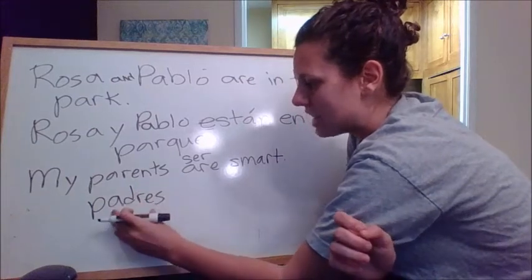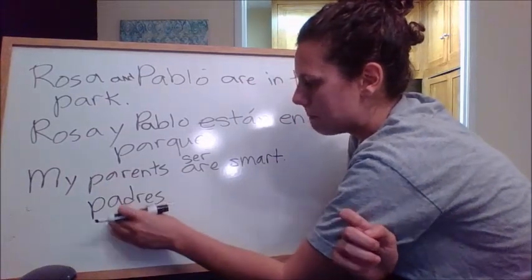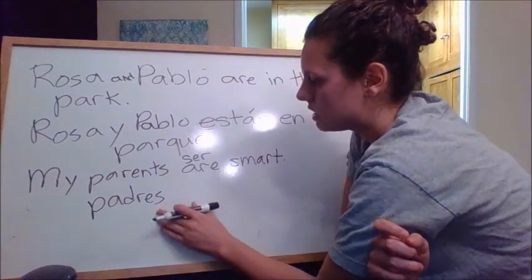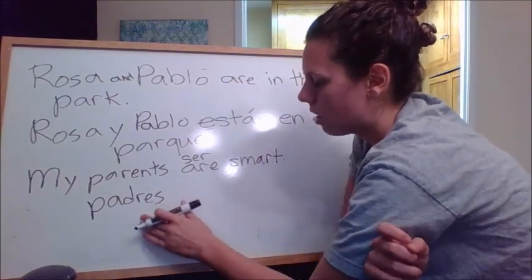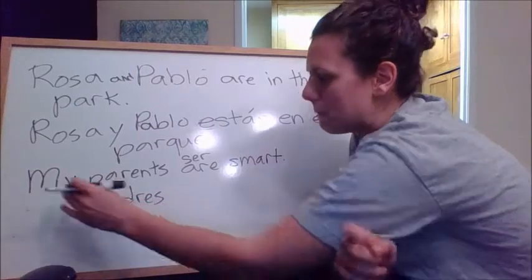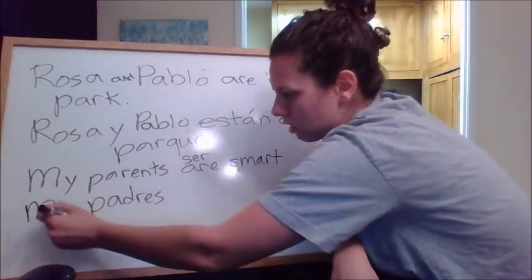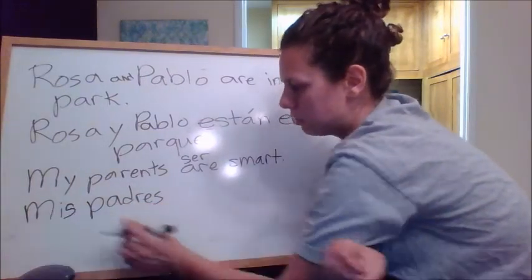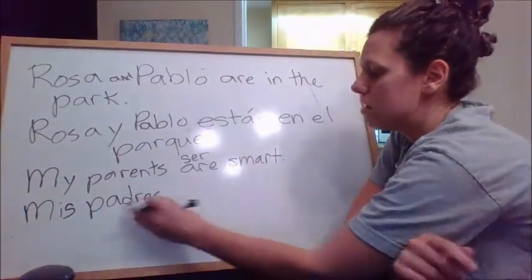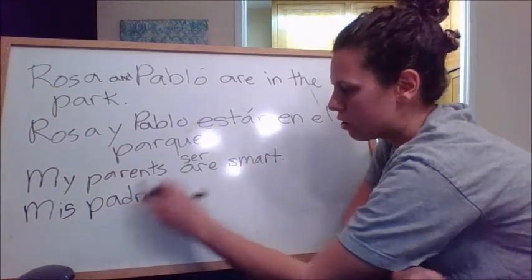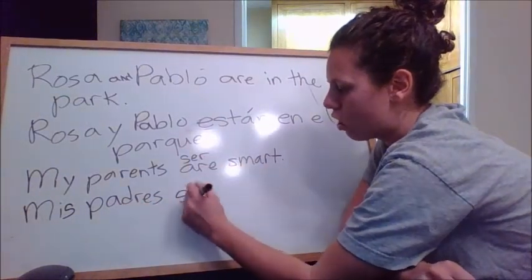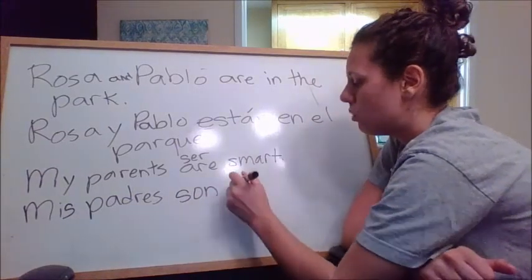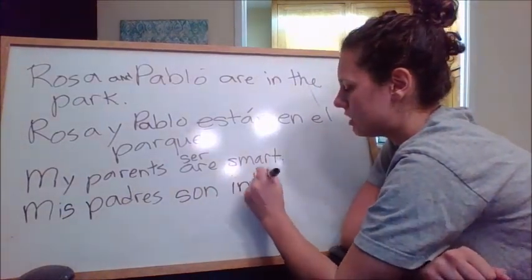So it doesn't mean my dad's. This is talking about parents, okay? Because we use the masculine form, the masculine plural form. So my is me, but this is plural, so this has to be plural. This is again like saying ellos, so we use son, because that's how you conjugate ser for ellos. Then the word for smart is inteligente.